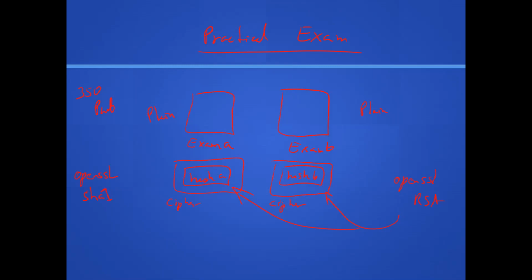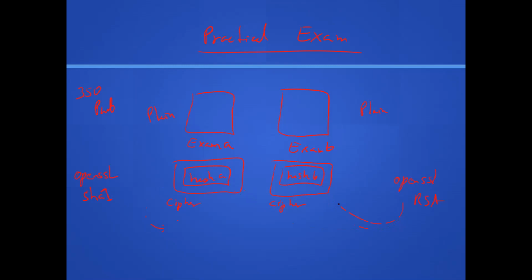If it decrypts with the 350 public key, then it had to have been encrypted with the 350 private key, ensuring that's the proper one. So I encrypted both of these with a private key. Let's say now you decrypt both. You only have one public key, right?